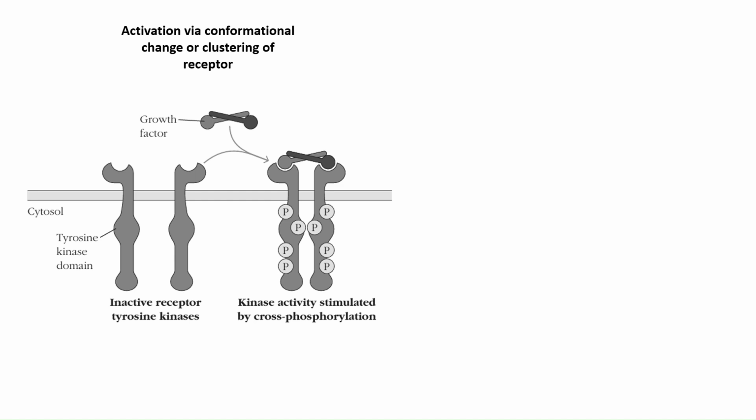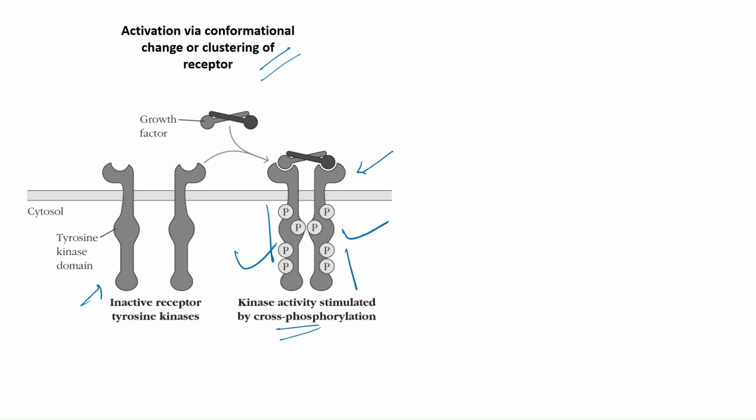Now this diagram is showing the activation via conformational change. As you can see, these dimer receptors are present far from each other, but as soon as any ligand comes and binds, it helps in the dimerization of this receptor and the cross phosphorylation. That means this segment is phosphorylating this segment, and this segment is phosphorylating this segment.